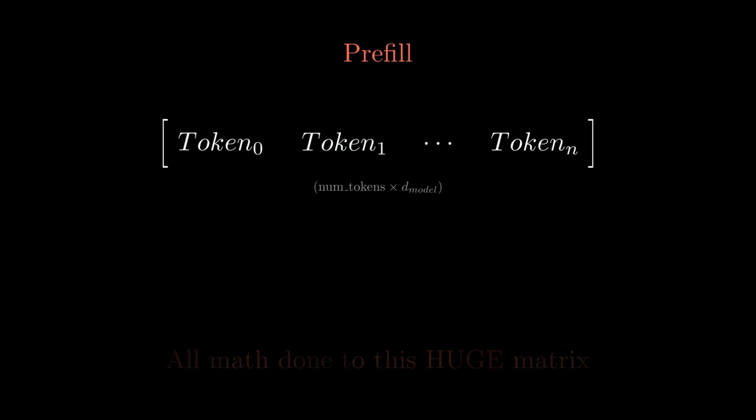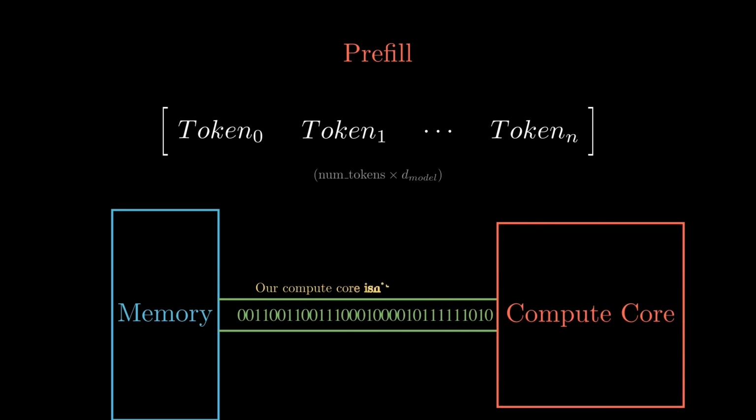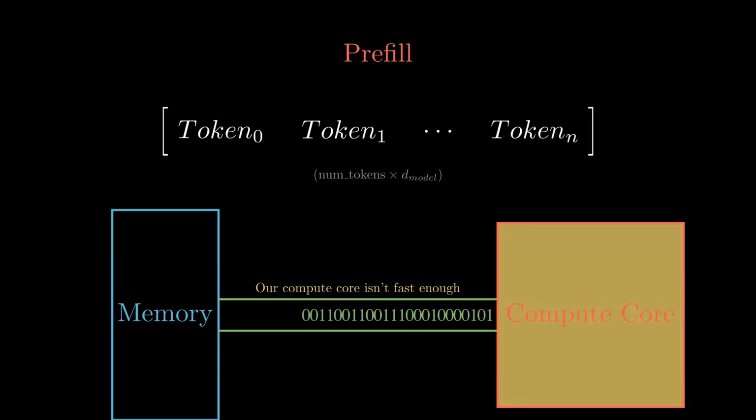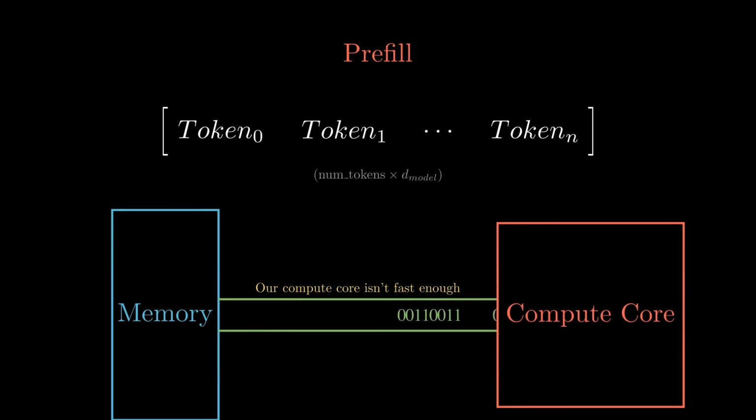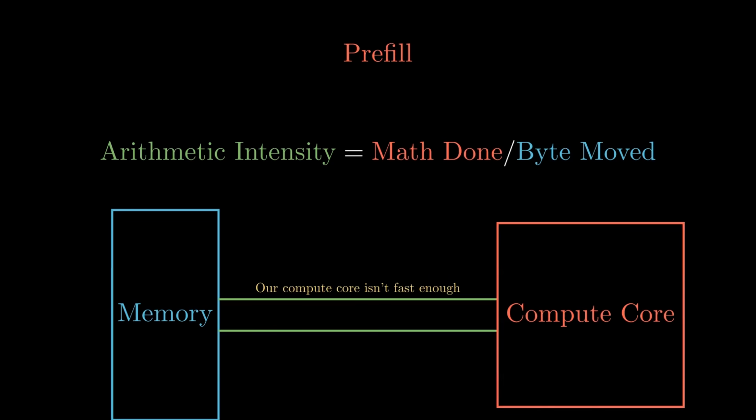This means that the compute is more of a bottleneck than the memory bandwidth, as we transport this one huge matrix along with the model weights from the memory to the core one time, and then we do a large amount of computation on this chunk of memory. The ratio of how much work you're doing for every number you move into your cores is referred to as arithmetic intensity, and prefill has a high arithmetic intensity.